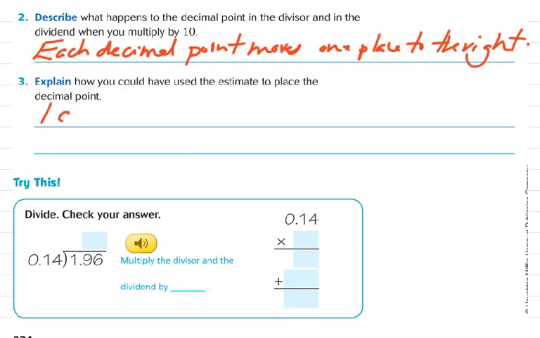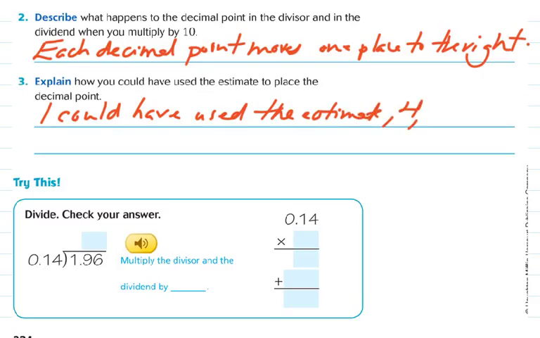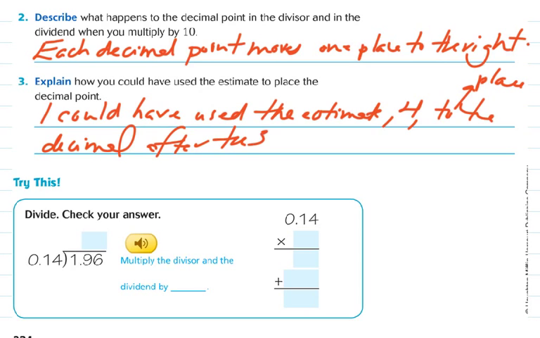So what we could say is I could have used the estimate to place the decimal after the 3 to show 3 ones and 1/10.